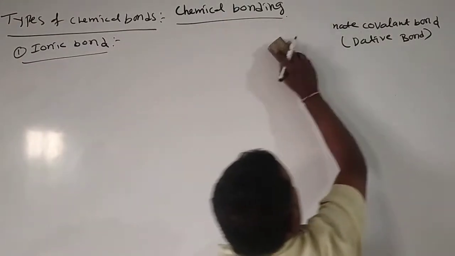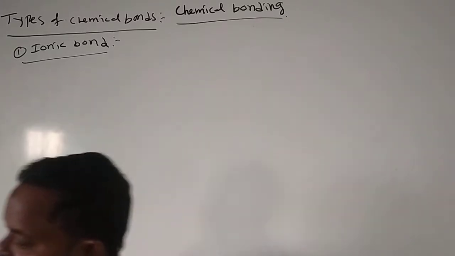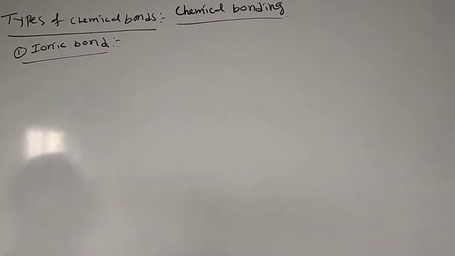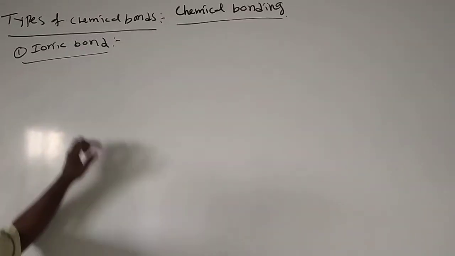First we'll see the ionic bond. We'll discuss what the meaning of an ionic bond is, how an ionic bond takes place between two atoms, and which elements are involved in it.